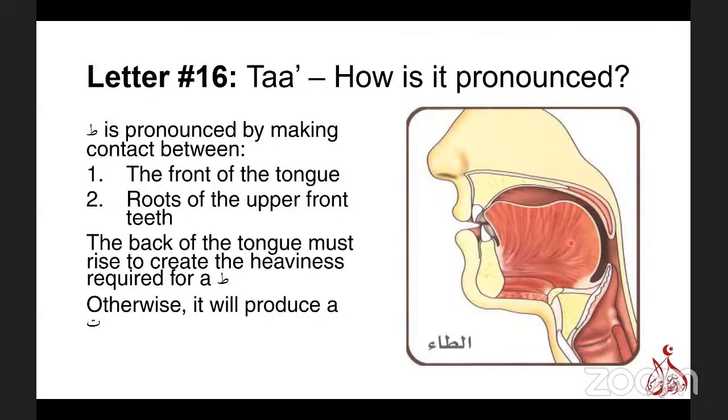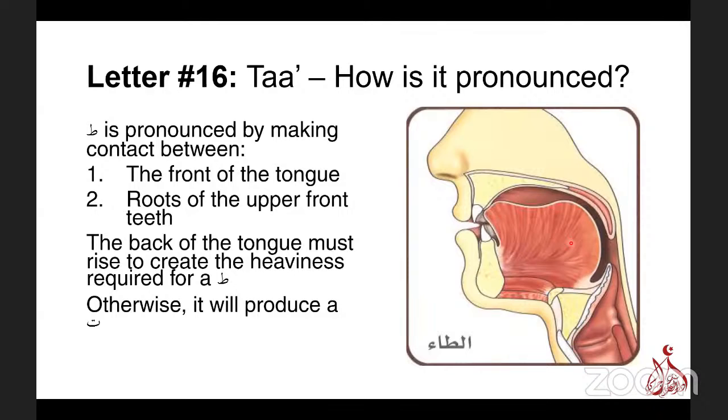I did not mention this in the slides because it's not that common, but one thing some people do is, when pronouncing a Tha, they try to bend their tongue from the front a lot to make the Tha. That's not necessary. Tha is pronounced just like a Ta. If you can say a Ta, you can say a Tha. What's changing is the back of the tongue, like when we say any heavy letter.